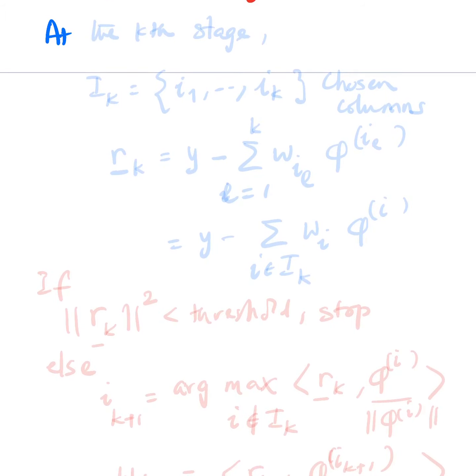So at the kth stage, suppose I have I sub k, which are say I1 through Ik.